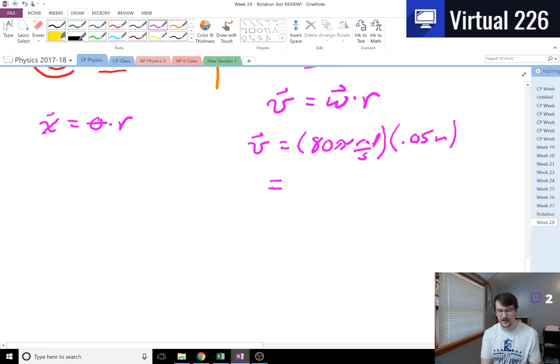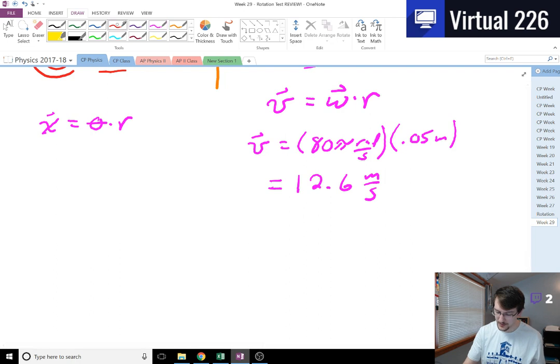So 80 times pi was 251, times 0.05, is going to give us about 12.6 meters per second. Remember, this radian unit goes away. While radians are helpful for looking at a circle, they're not a physical quantity. You can't measure a distance of radians. So we have a velocity now of 12.6 meters per second.